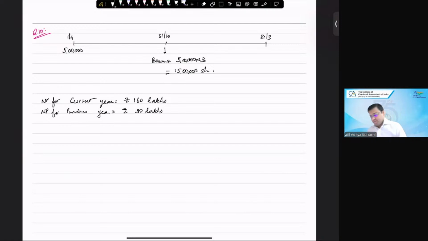Okay, fine. Now, let us try to understand, do you know the treatment of bonus shares for earnings per share calculation, or do you want me to go into details for that? Are you guys aware of why we do a particular treatment in the case of bonus shares?